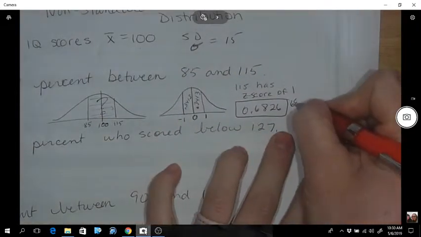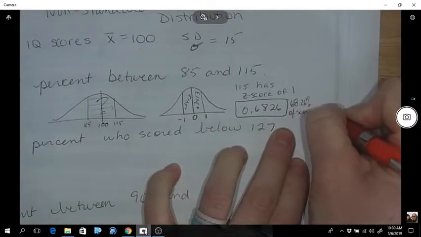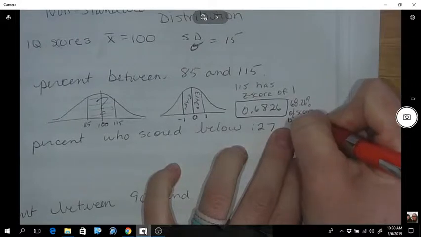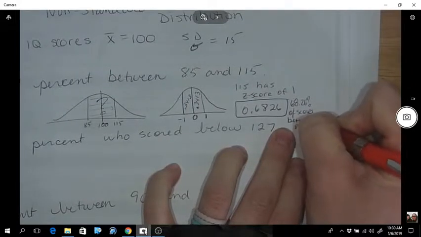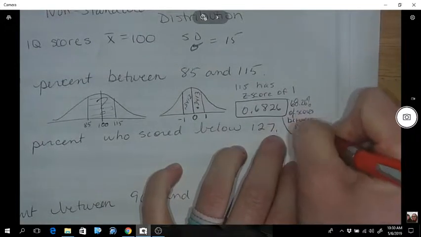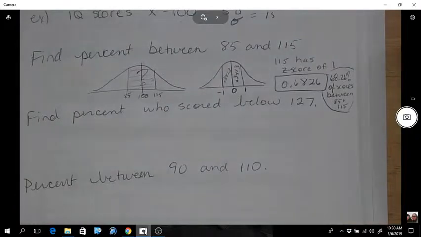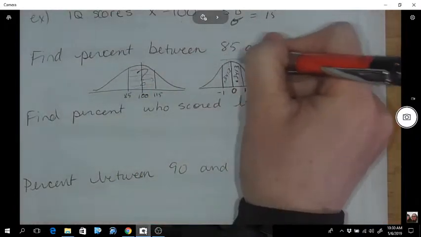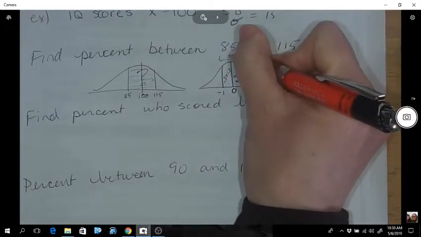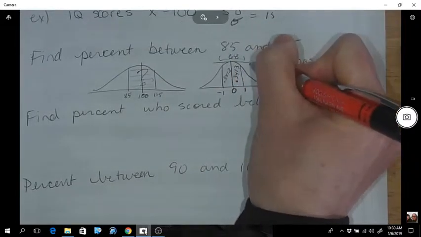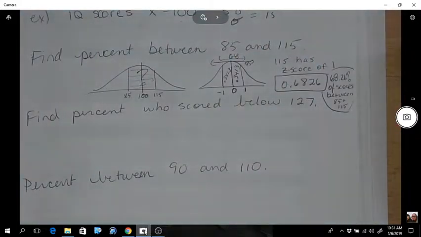That's what that means. And we had talked about that in the normal distribution curve, that our numbers were 68, between 2 was 95, and between 3 was 99.7.